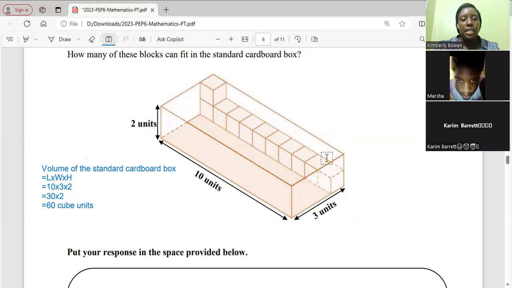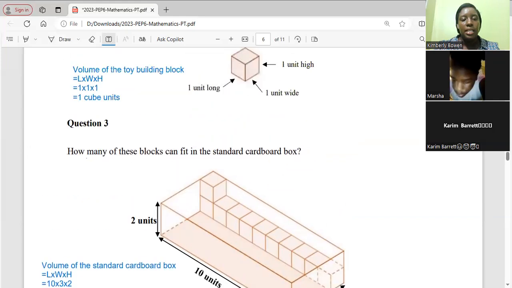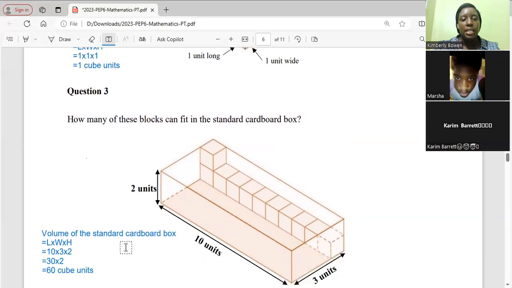So now we can find out how many of these toy building blocks will go into the standard cardboard box. So how are we going to find that out?